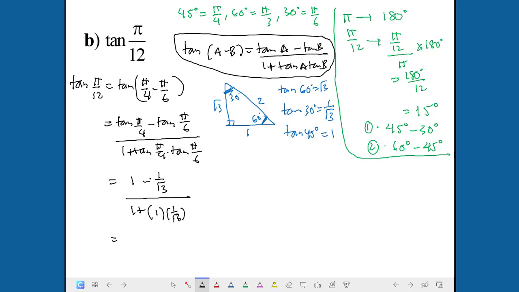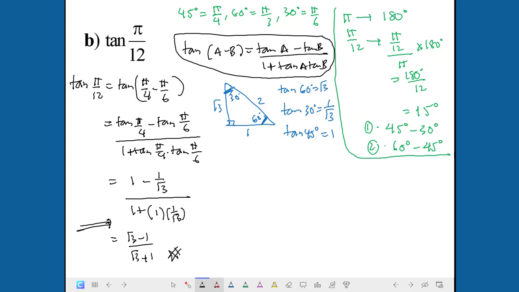Then simplify, taking the denominator: root 3 over root 3 minus 1 over root 3, over root 3 over root 3 plus 1 over root 3. Now equating the denominators and canceling, we get root 3 minus 1 over root 3 plus 1.